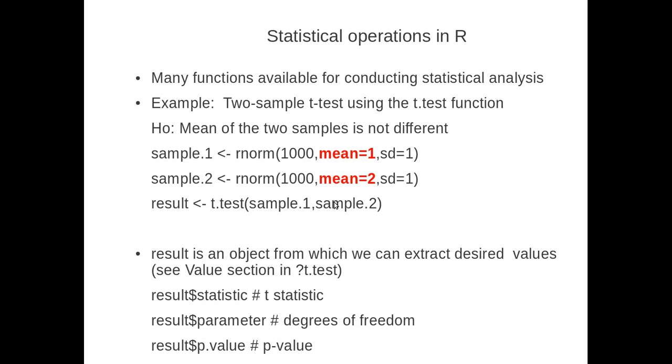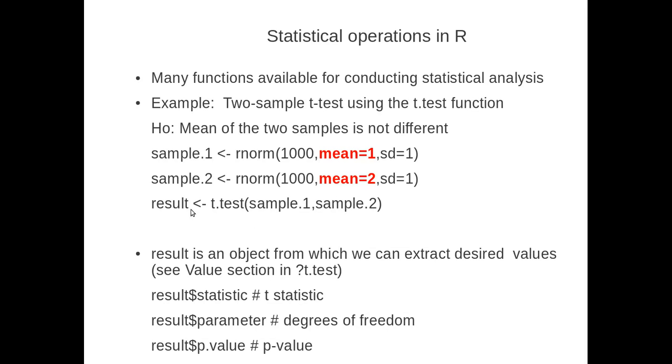If you just type this at your command prompt without assigning it to a result variable, you end up getting a printout of the results, which is readable right there at your terminal. So it prints right there to the R command prompt terminal.